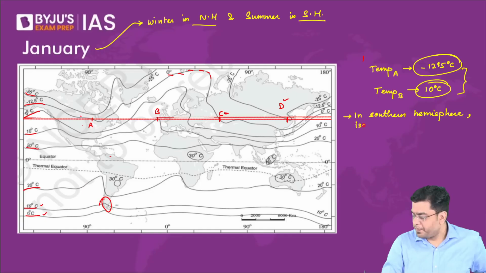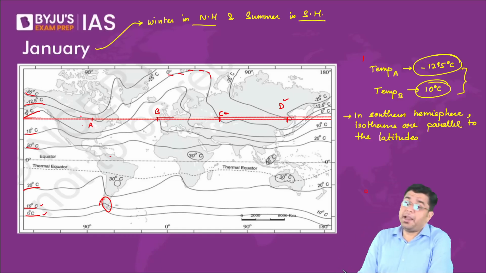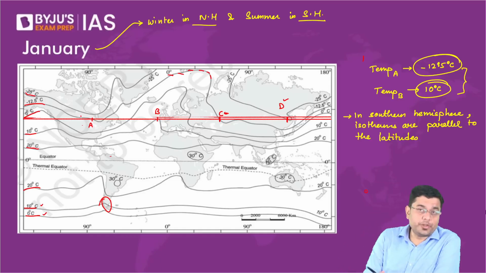Why? Because the southern hemisphere is dominated by water, whereas in the northern hemisphere you have a variation.